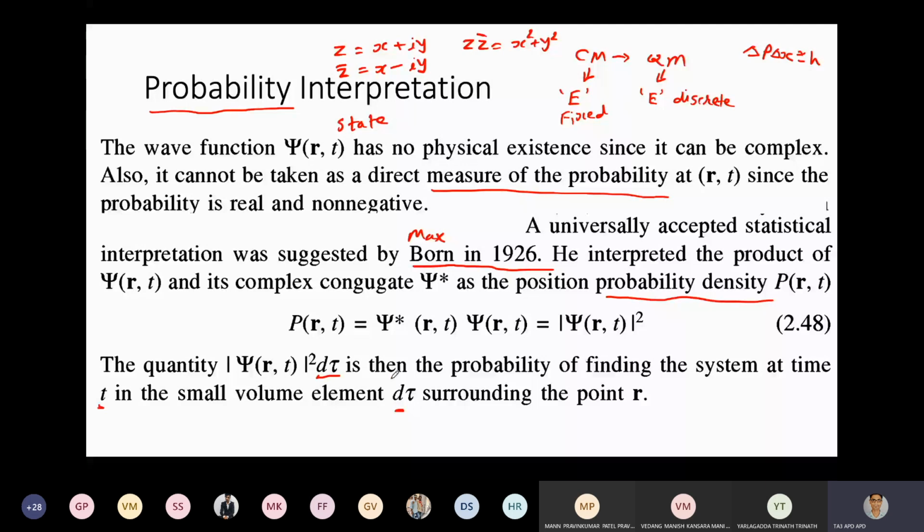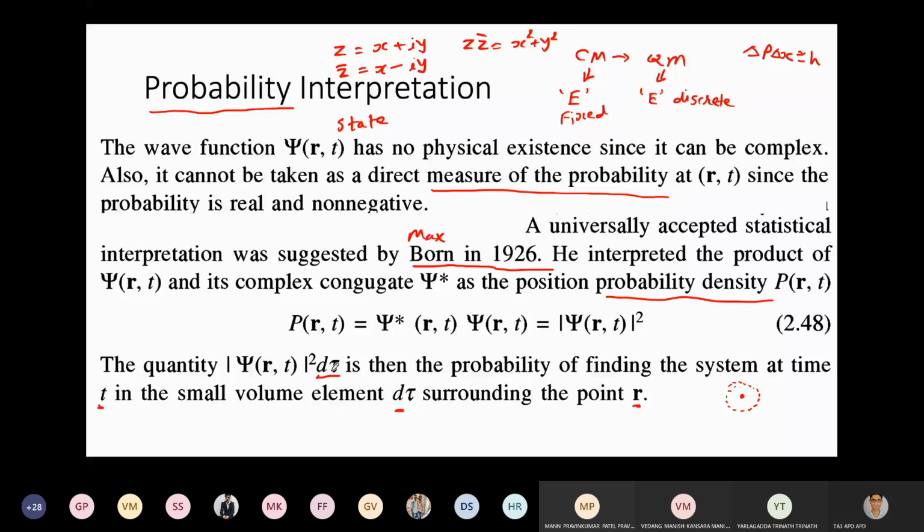Around the given point r. It is not specifying that it is exactly at position r, it is saying the surrounding of the point r. So you are taking the point over here, then what probability is there within the given region? That is given by this particular expression. So that is your probability density, and this is your probability of finding the system.